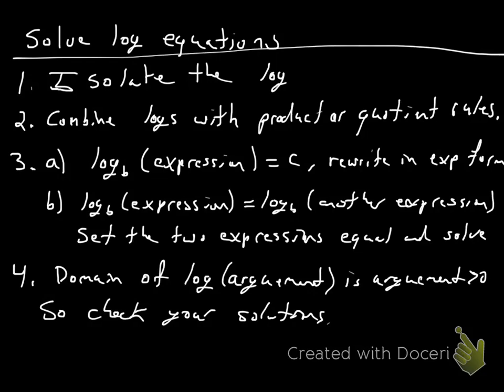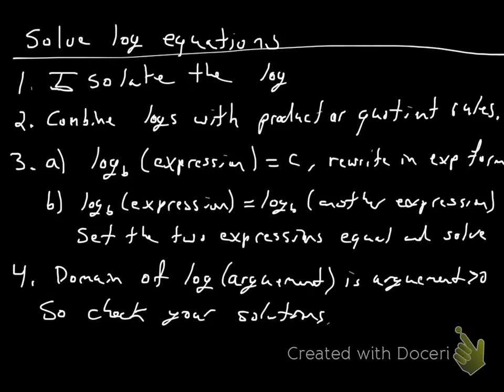Or you'll have log of some expression equals log of some other expression. Because logs are 1 to 1, you can set the arguments equal to each other, and then you solve. The domain of the log is everything larger than 0, so all positives.